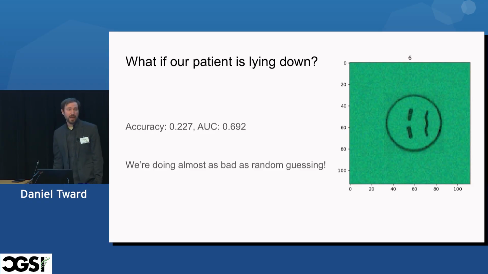This is a little bit better than random guessing because there are some features, like the high frequency content in these wiggly mouths, that a rotated version will respond to in a similar way to an unrotated version. But in general, a CNN which is trained on images in one orientation will fail for images in another orientation.